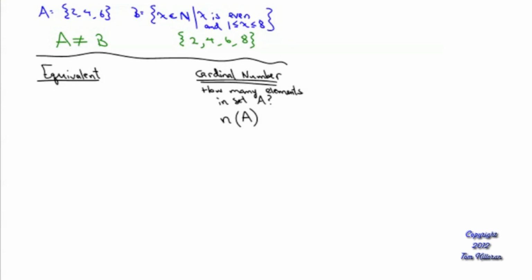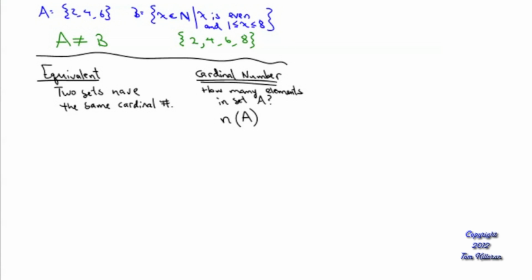Now, if we're talking about equivalent sets, then we're just saying that two sets have the same cardinal number. They just have the same number of elements.